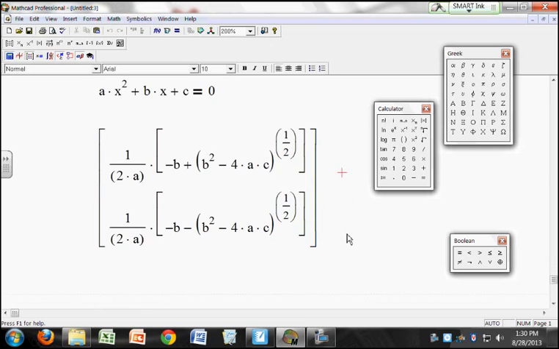And there's your quadratic formula: negative b plus or minus the square root of b squared minus 4ac, over 2a. Two possible answers. Either you add or you subtract. Neat, huh?